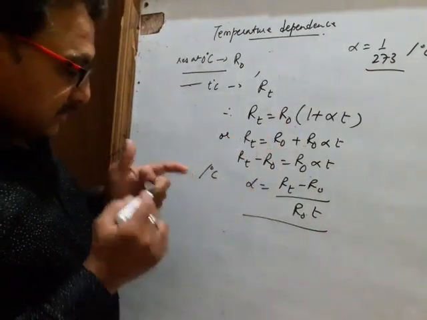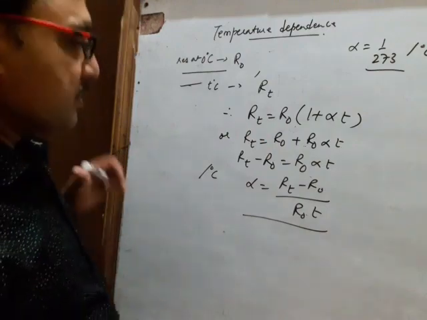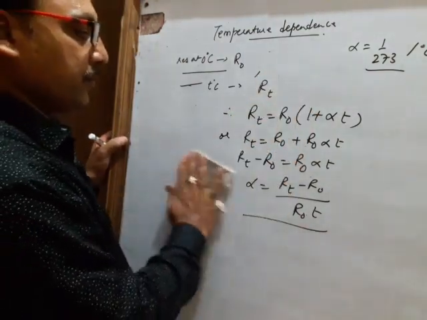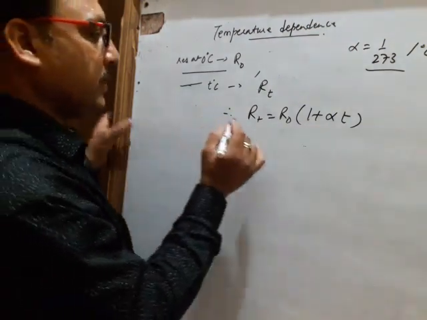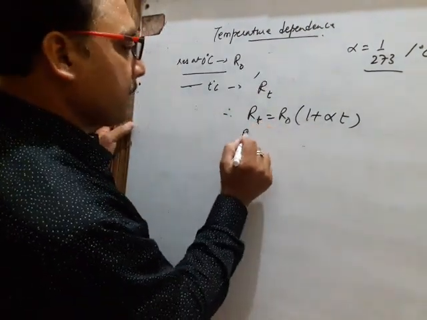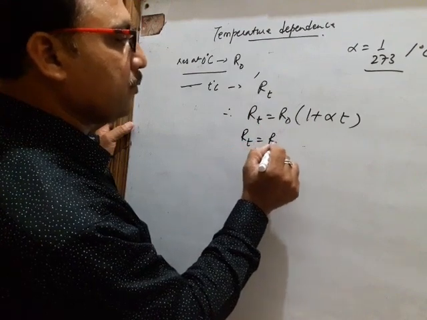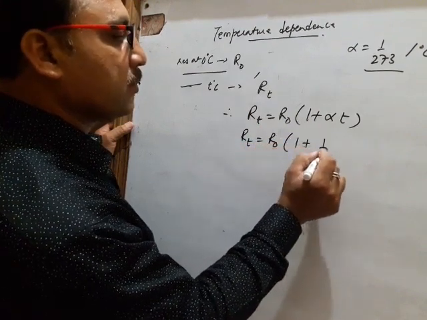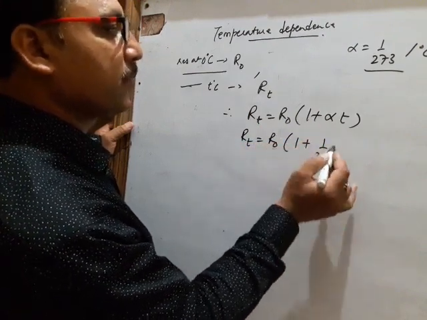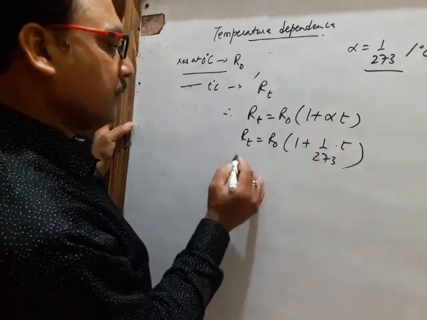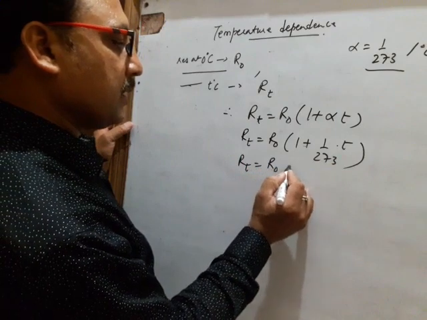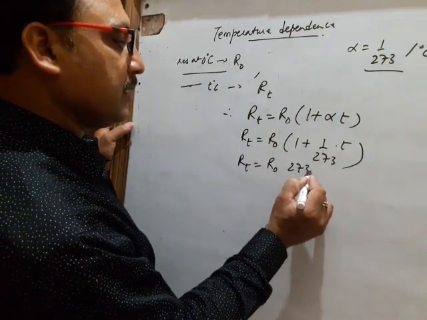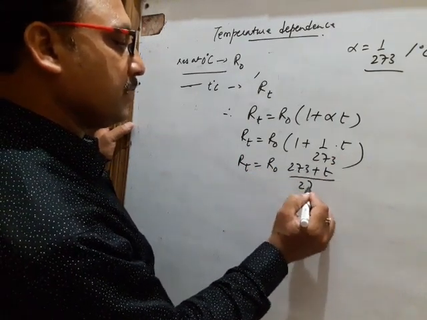So if I place the value of alpha in this formula, what we will get? RT equal to R0 (1 plus 1 by 273 into T). This is RT equal to R0 into (273 plus T) upon 273.